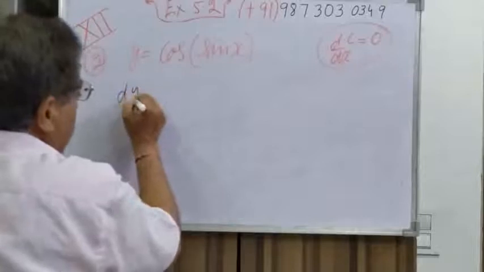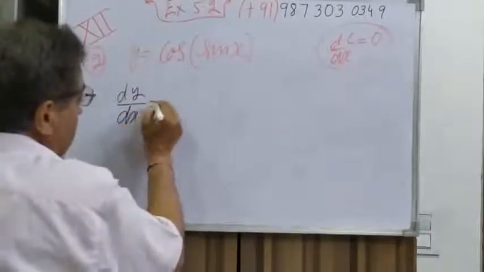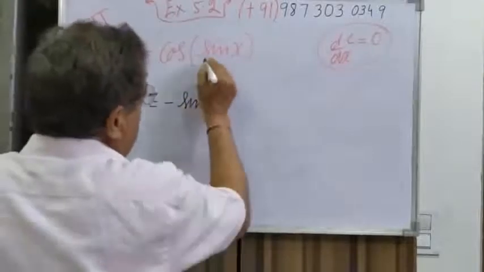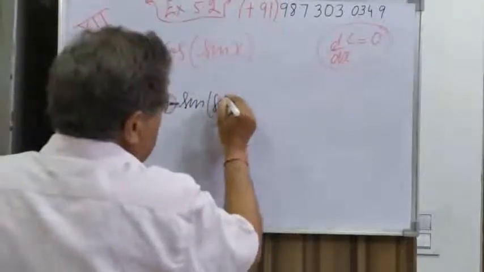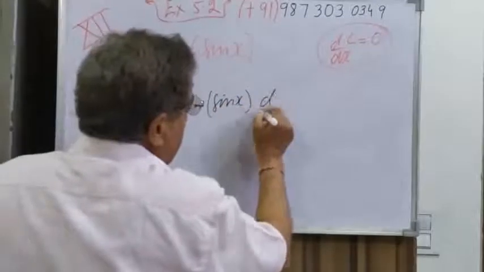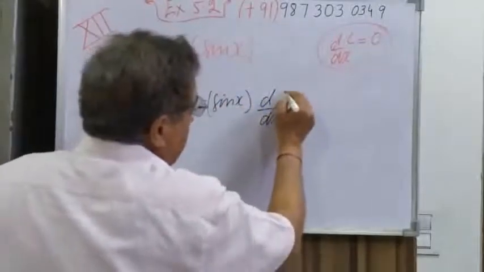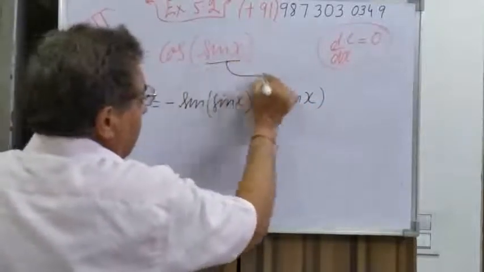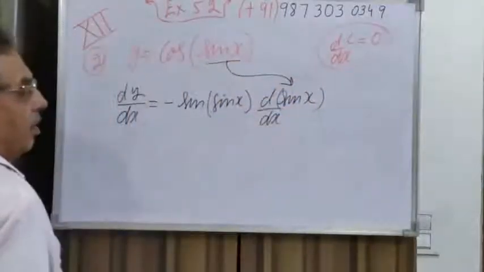What is the derivative of cos x? Write down dy upon dx. The derivative of cos is minus sine, into sin x, and then along with that, as per the chain rule, d/dx of sin x also has to be there.